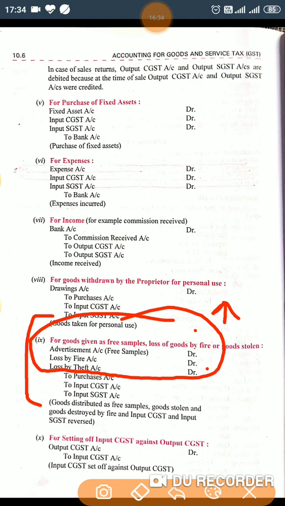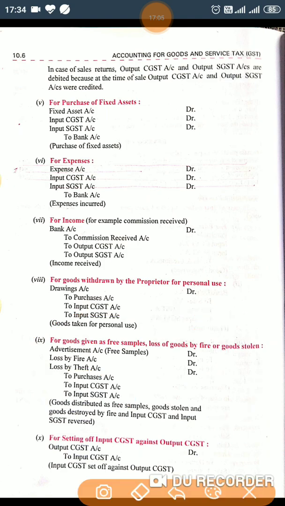If they were given in the question individually, you would pass the individual journal entry. For conceptual purpose, they have combined it here. So these are the losses. That's why increase in losses or expenses will be debited. And at the same time, purchase account, decrease in expenses should be credited, and input CGST or SGST will be credited because decrease in asset, right?